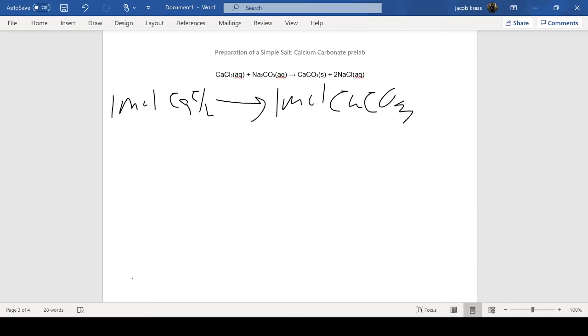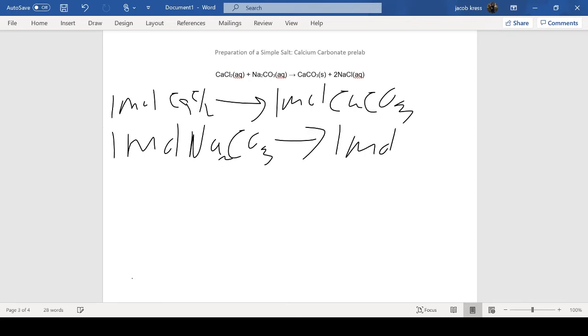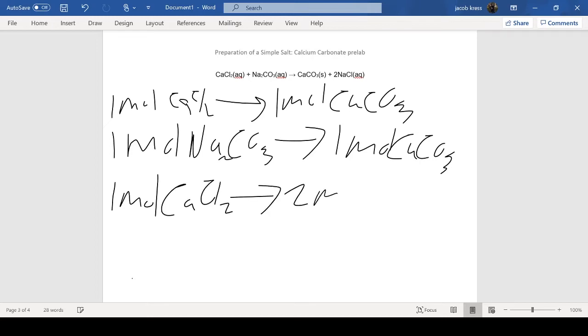It's also saying for every 1 mole of the sodium carbonate, we make 1 mole of calcium carbonate. Now it's not just 1 to 1 to 1. If we do look at the sodium chloride, for example, for every 1 mole of calcium chloride, we actually get 2 moles of the sodium chloride.